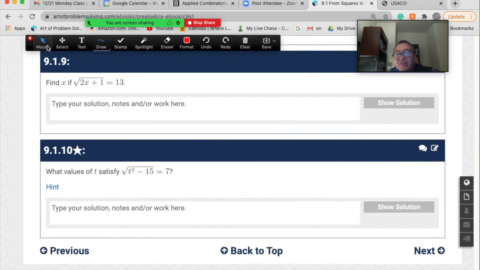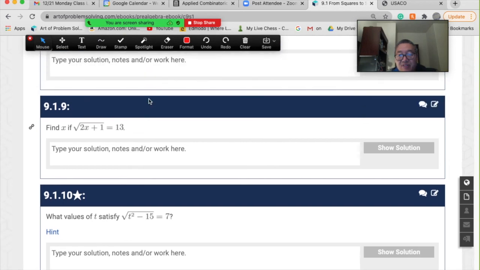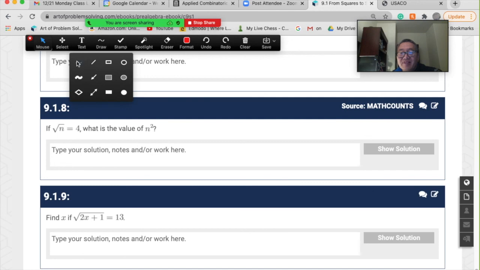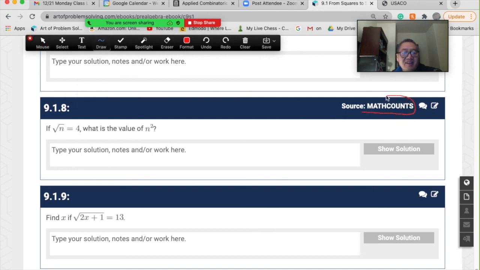Okay, great. Now let's go back to this one. Number 8. Can you solve number 8? See, this problem is from MathCounts. Have you seen this? Yeah, in MathCounts, they have easy problems something like this.